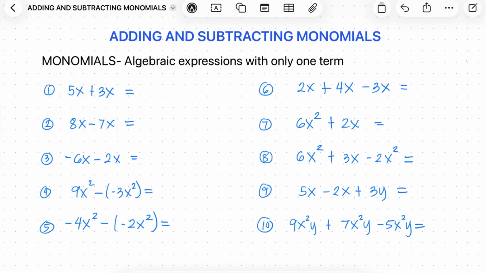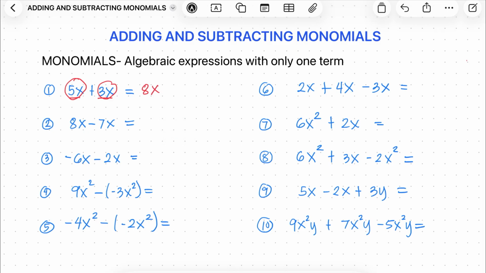Alright, let's take a look at some examples on how to add and subtract monomials. Number 1, we have 5x plus 3x. These two terms are monomials, and they are similar. So 5 plus 3 is 8, and then you just copy the variable.